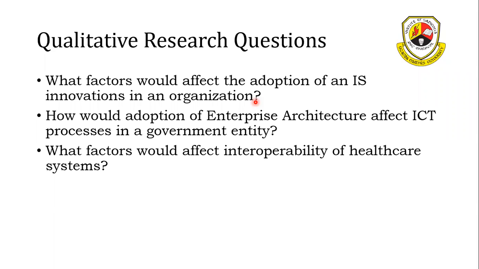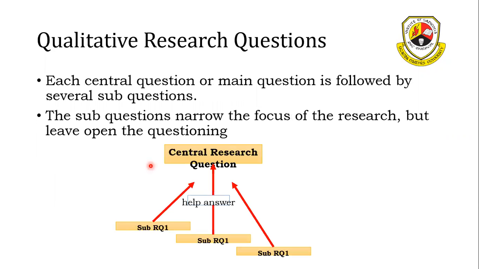What are those factors that would affect? That's an exploratory, descriptive study. I've also given some more: how would adoption of enterprise architecture affect ICT business processes? Those are all possible qualitative research questions that we may have.